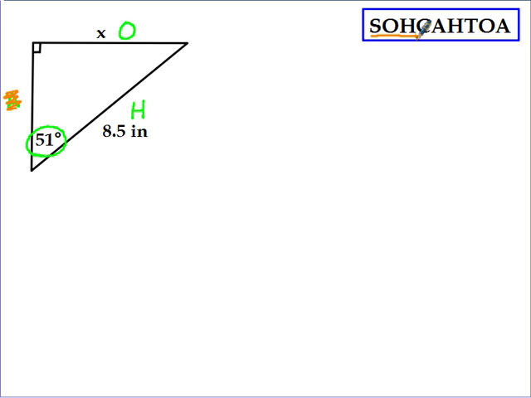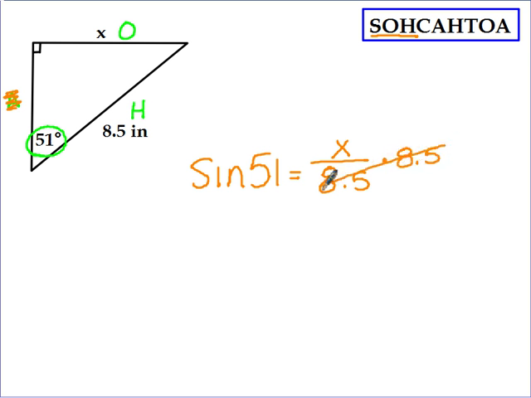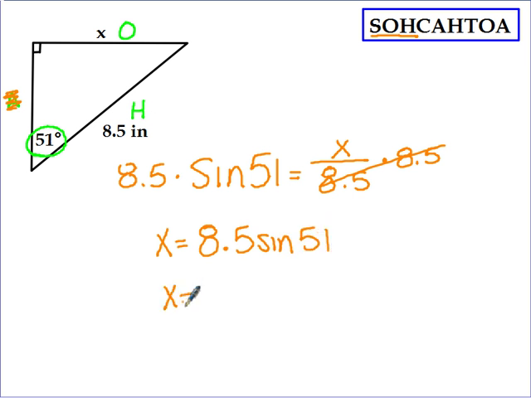So, sine of 51 equals x over 8.5. Multiply by your denominator. So x equals 8.5 times the sine of 51. And when we plug that into our calculator, that's going to be 6.6.